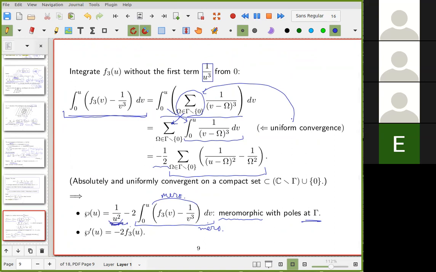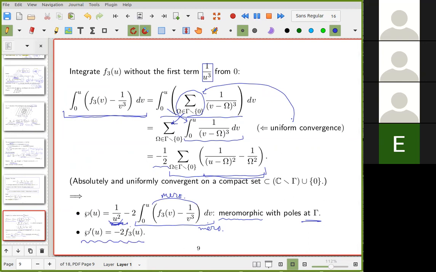Well, this has a pole at 0. Each term of this has a pole at 1. Okay, so this is the meromorphicity of this P.